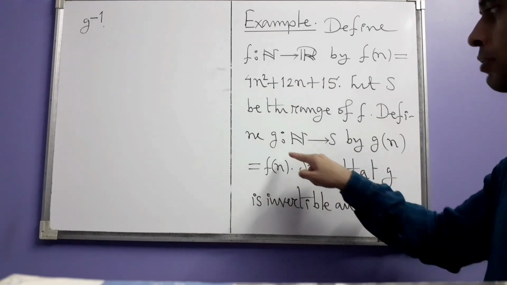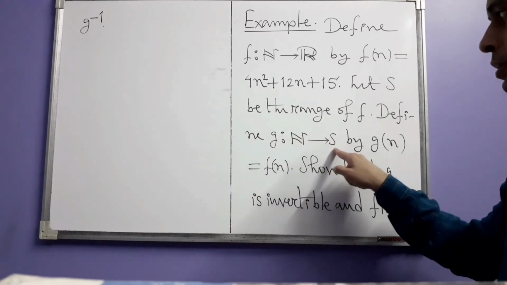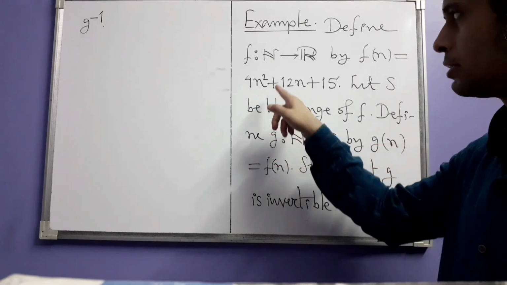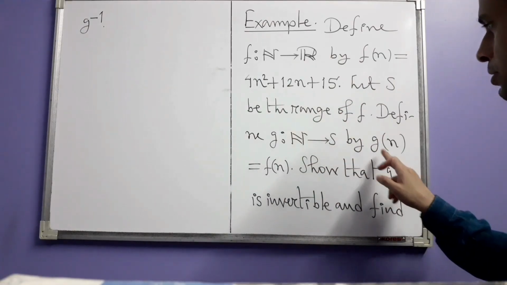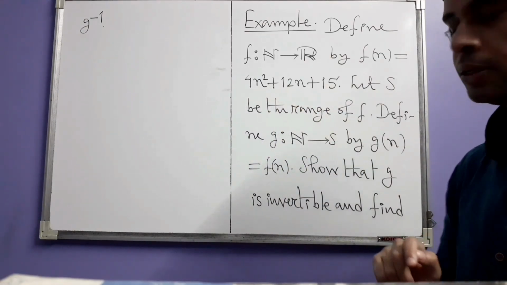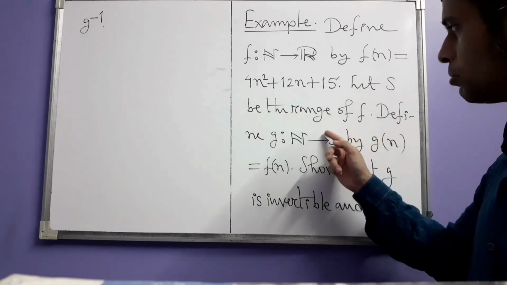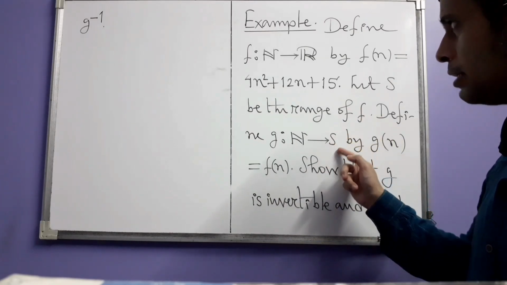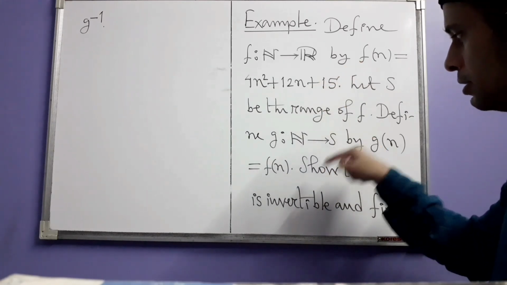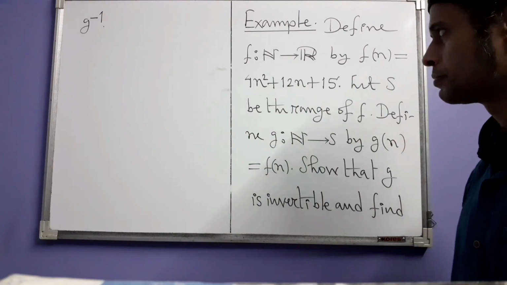And next we define the function g from N into S. And the formula defining g is the same as the formula defining f. That means g of n is also 4n squared plus 12n plus 15. But the difference between g and f is that the codomain of g is S, not R. And we have to show that this g is invertible, and we have to find its inverse.